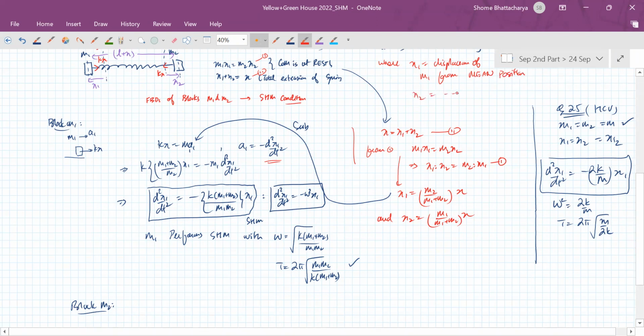Similarly, X2 is the displacement of M2 from the mean position. So that is why it's important to be able to write their accelerations A1 and A2 in terms of their displacements X1 and X2, rather than in terms of the overall extension of the spring, which is X.